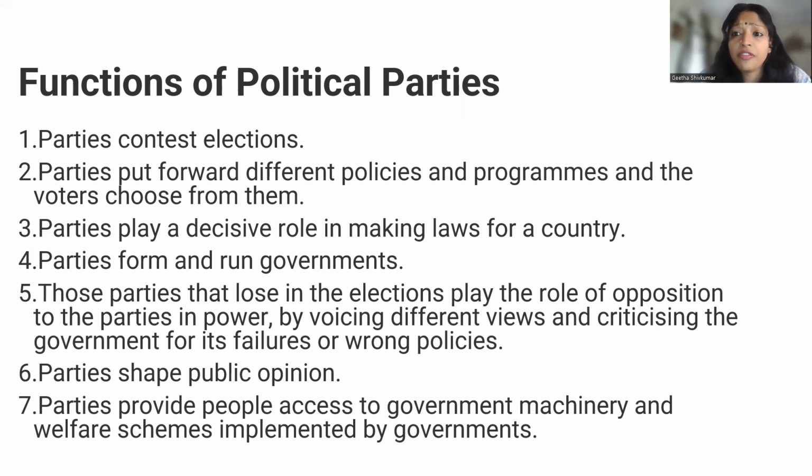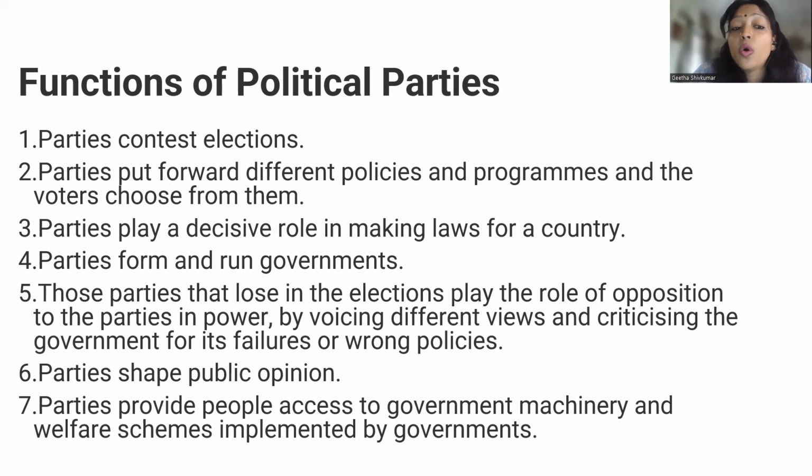So what does a party do? Definitely they will be doing something apart from making programs and policies. So they make the laws. Then parties form and run the government. This is again from your definition. The parties who lose in the election are also very important. Don't underestimate them.